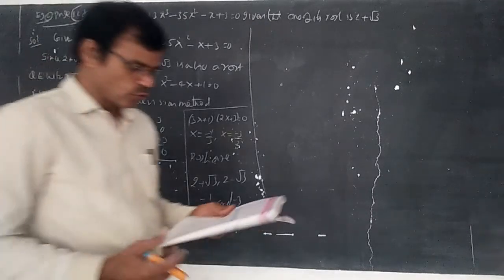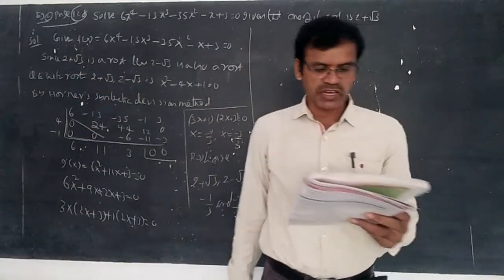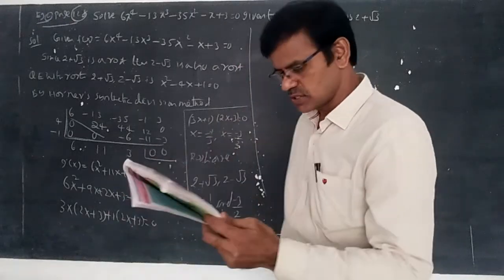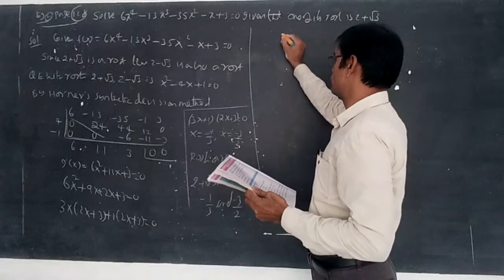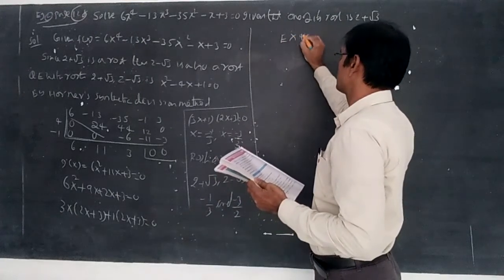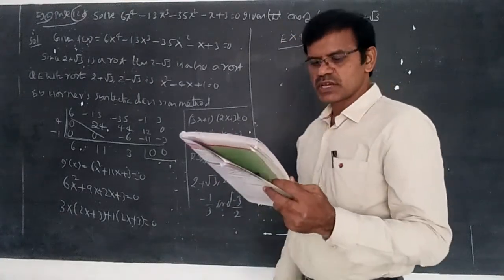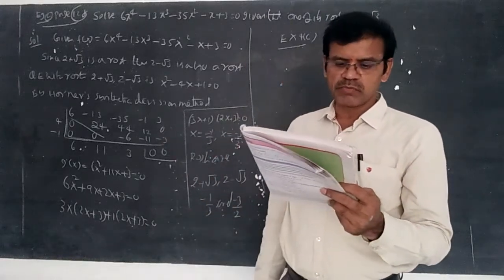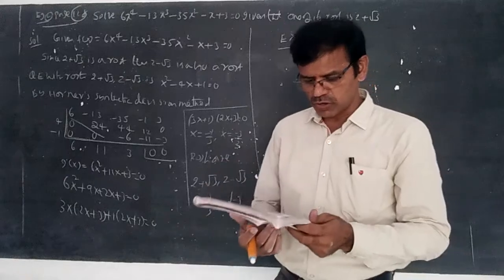In exercise 4C, I think you can do all the sums as homework. In first Roman, everything you do as homework: 1, 2, 3, 4. You can prepare the quadratic equation already, one model I said.